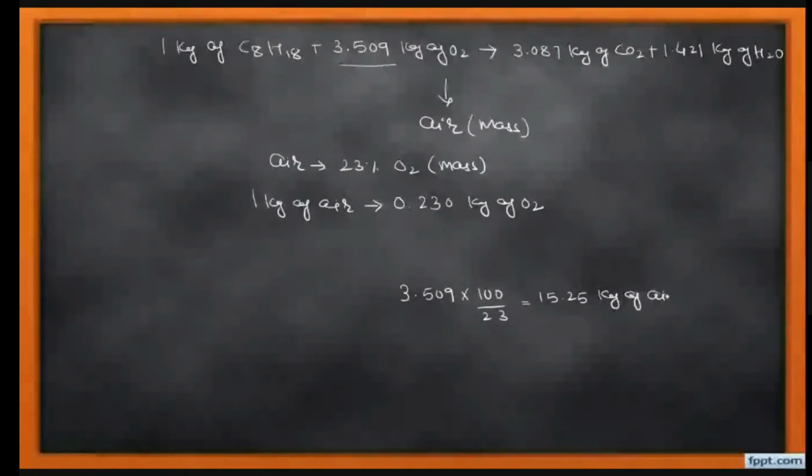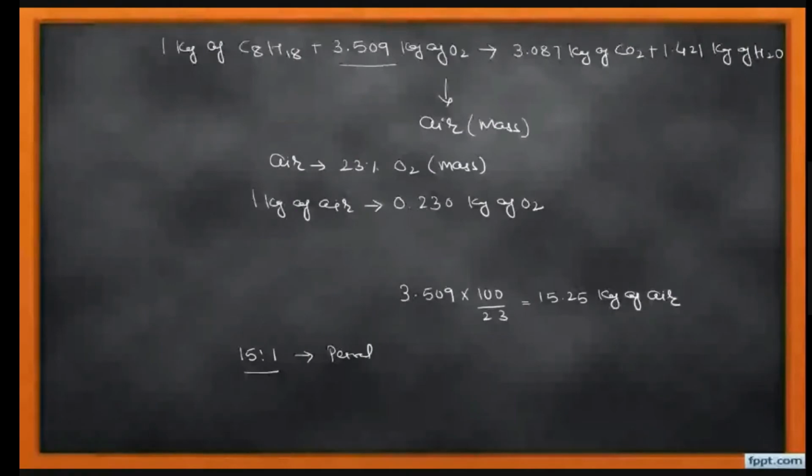So the stoichiometric air-fuel requirement, or stoichiometric combustion ratio, is 15:1 for petrol. Generally we take 15:1 for petrol: for burning 1 kg of petrol, we require 15 kg of air.